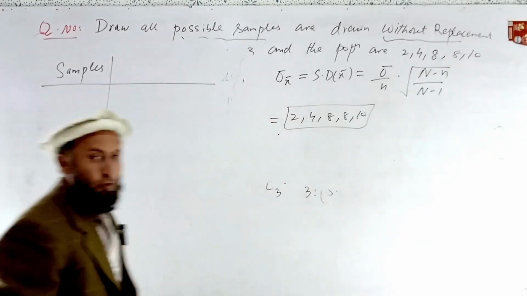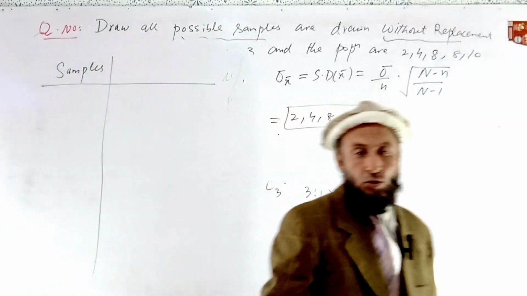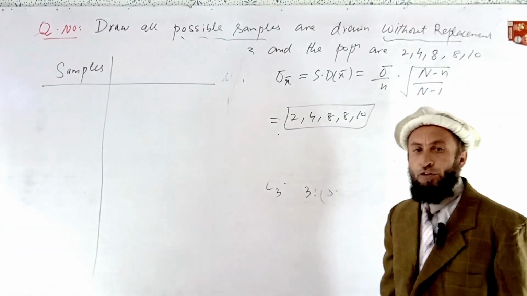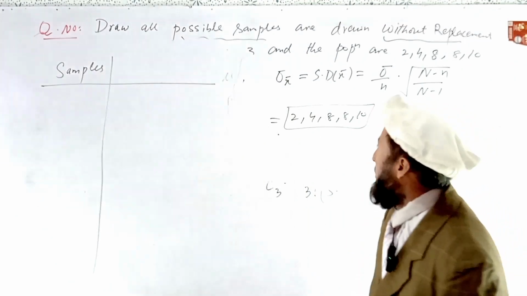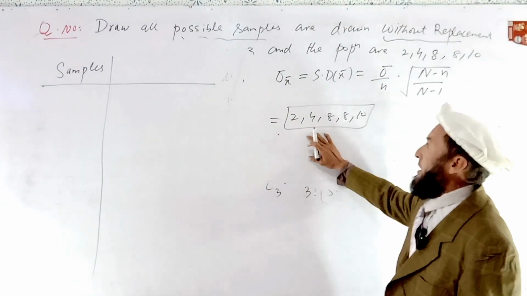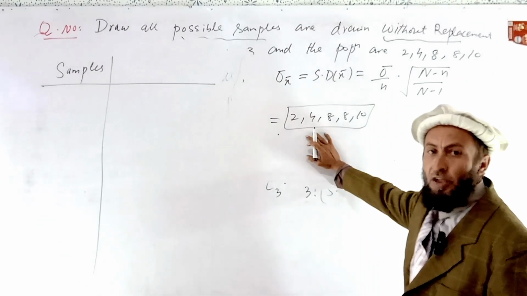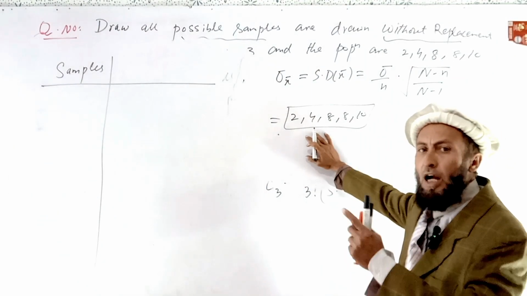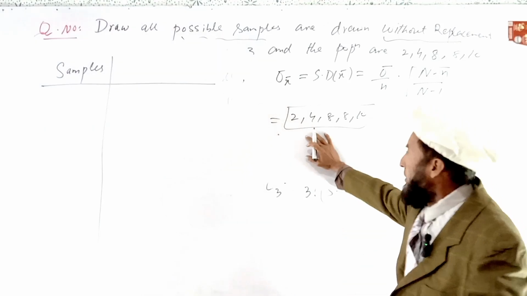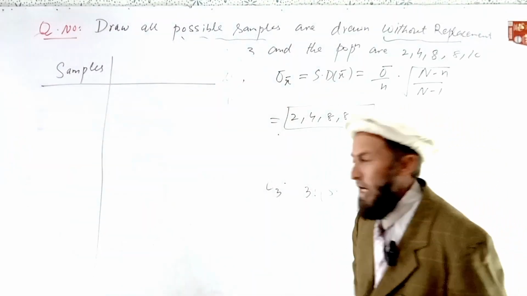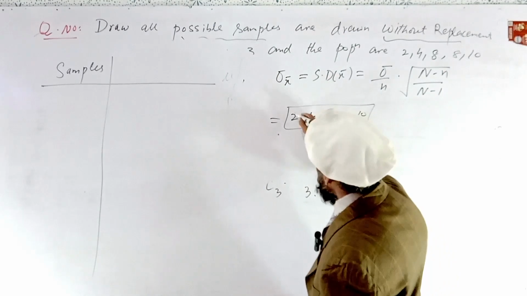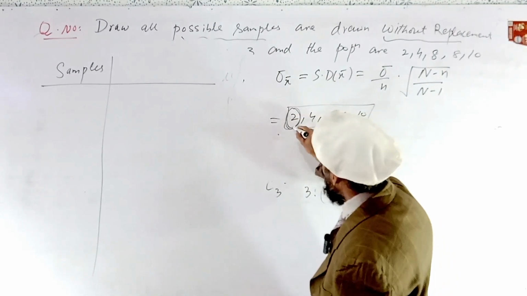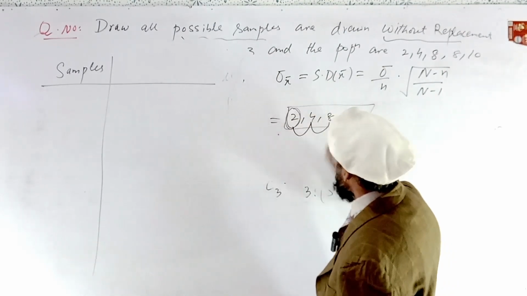Now the case is without replacement. According to the definition, once we have drawn a sample element, we cannot return to the original one. We cannot go backward; we go only forward. For example, starting from 2, we need 3 selections.